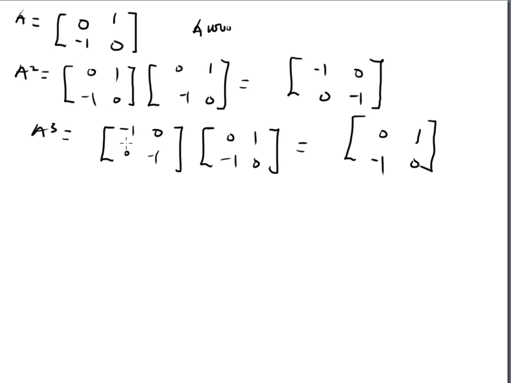Negative 1 times 0 gives us 0. 0 times negative 1 gives us 0. Negative 1, again, this row times this column, negative 1 times negative 1 gives us... sorry, let me check something.